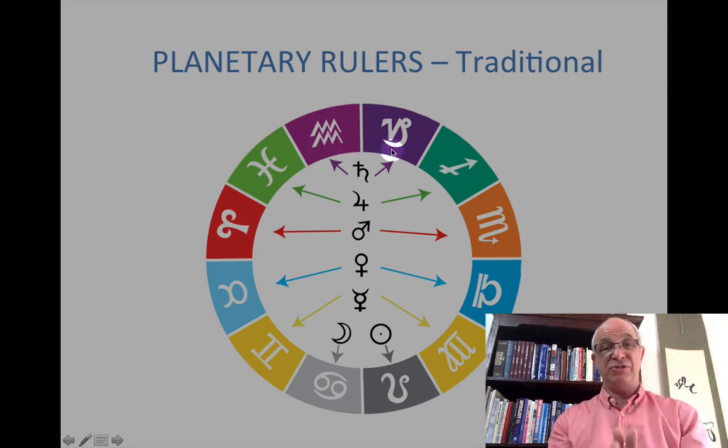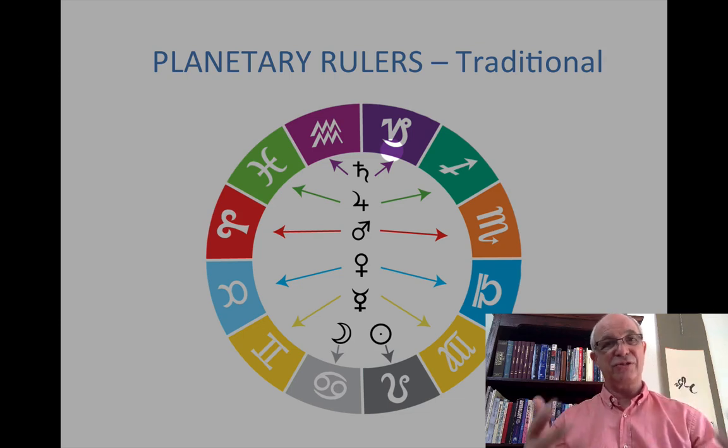There's a kind of symmetry to it, and I suppose that's how the rulerships were devised originally, because the sun and Leo definitely have a very strong affinity of strong identity, and the moon and Cancer have a very strong affinity of emotional life, as Mercury and Gemini and Virgo have with mental capacity.